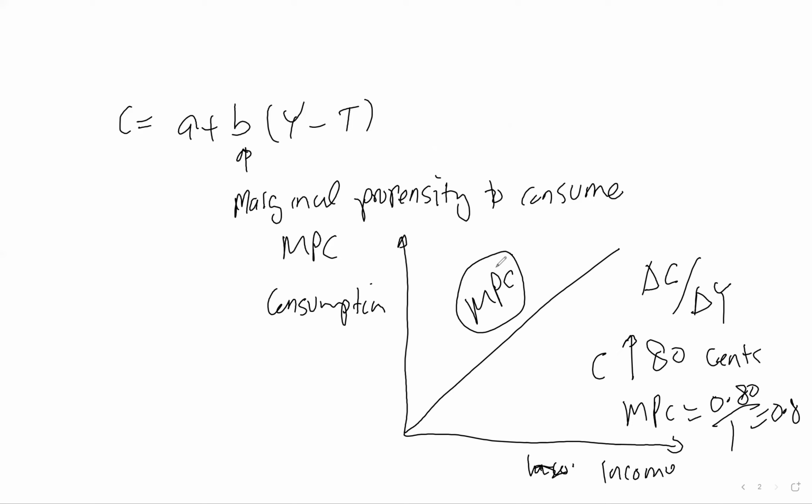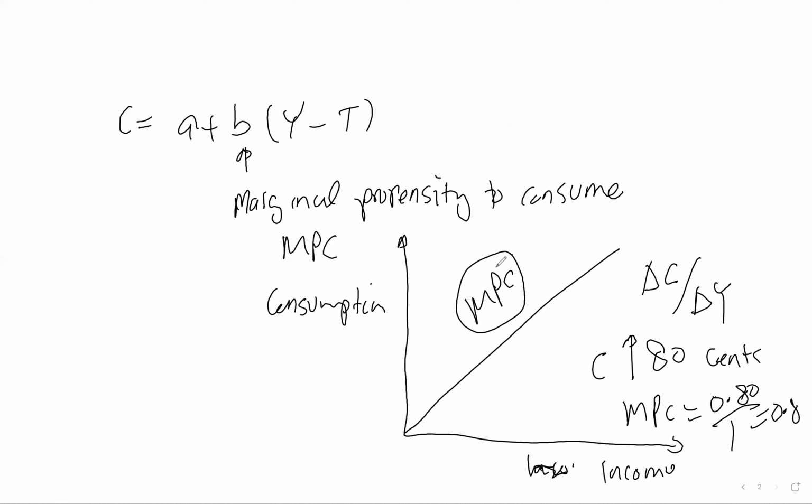Typically, the higher the income, the lower the marginal propensity to consume. The reason is that as income increases, more of a person's wants and needs become satisfied. Then they go into the opposite of spending, which in economics we call saving money.